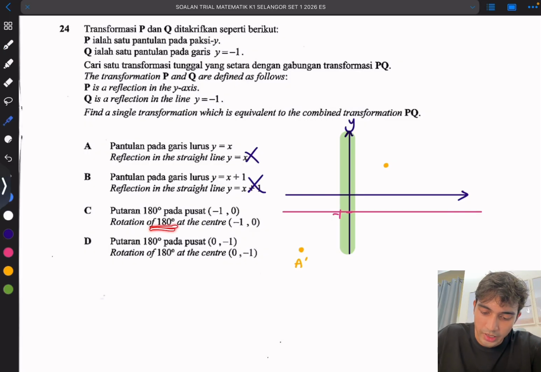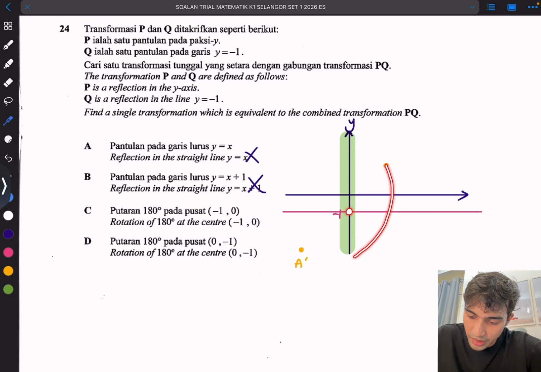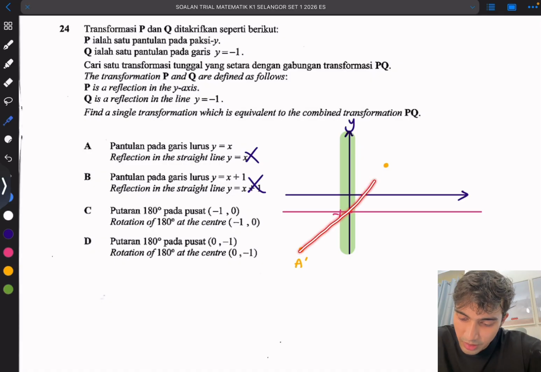Rotation of 180 degrees at center (-1, 0). (-1, 0) would be here. This is not the center of rotation. But this can be the center because it is reflecting upon this. So this one will form a straight line actually.